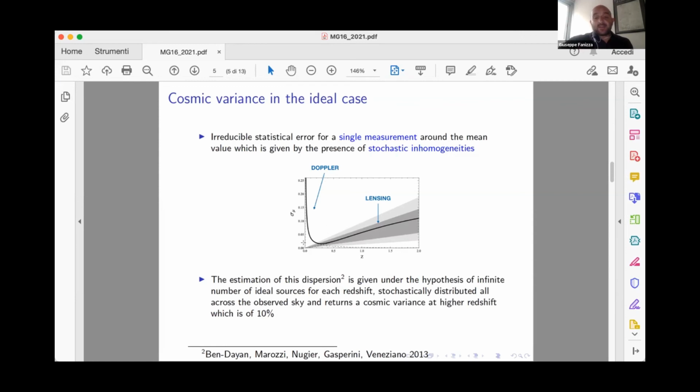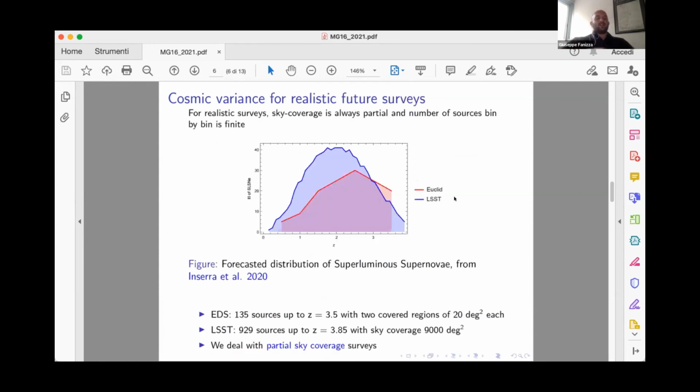Just by doing this estimation, this is purely theoretical, regarding one single measurement. But as I anticipated before, what we have in mind is to deal with realistic surveys, which might be achievable in the next decade. In particular, as a reference working case, we can deal with this histogram, which is a forecast about the expected distribution of superluminous supernovae as might be achieved by the Euclid and LSST collaborations in this recent paper.